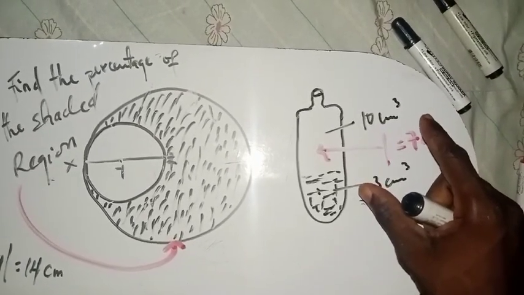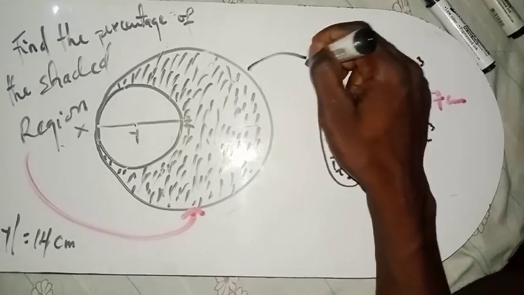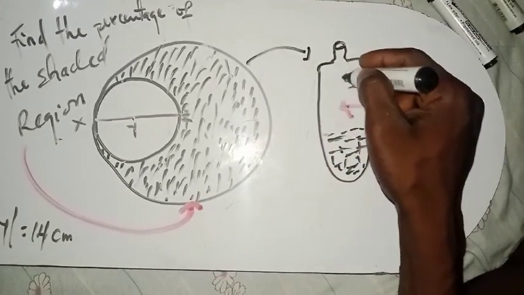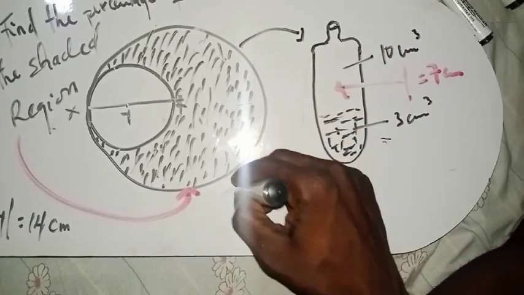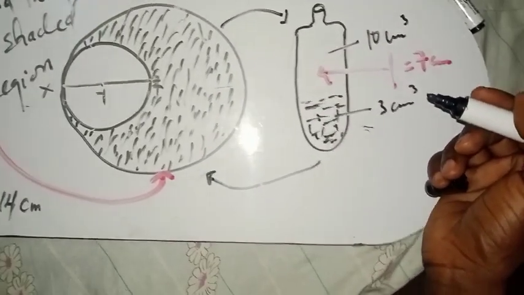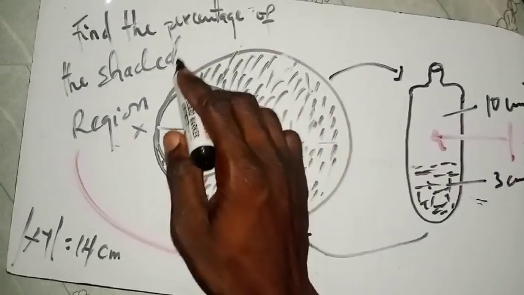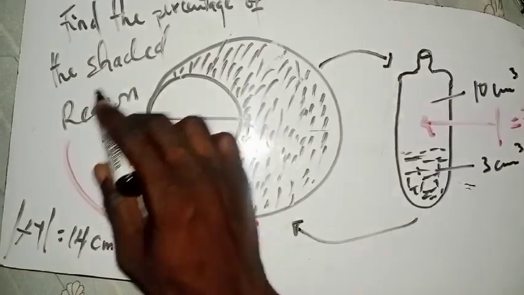Okay, so this is a very nice one, and this is what we are going to use. Using this idea to solve this problem is quite easy. Remember the question says that I should find the percentage of the shaded region.